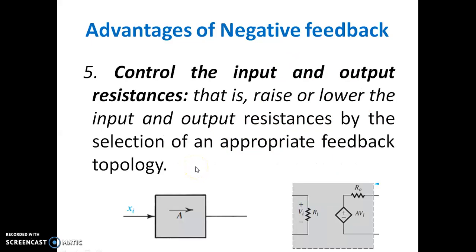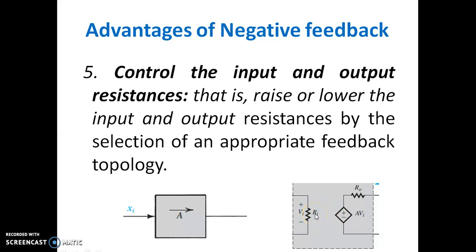And one more most important advantage of negative feedback in amplifiers: all amplifiers have some input impedance and output impedance. Ideally, the input impedance is infinite and the output impedance is 0, but typically they have very high input impedance and very low output resistance. By doing negative feedback, whatever resistance you have without feedback will be boosted after the feedback.